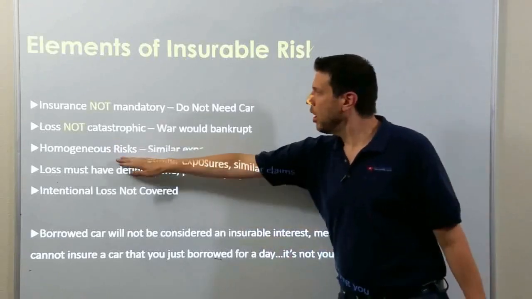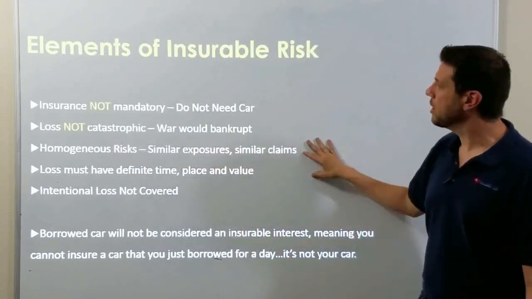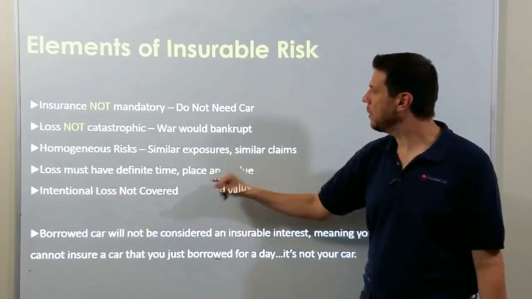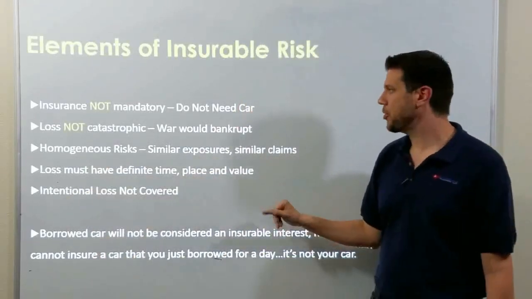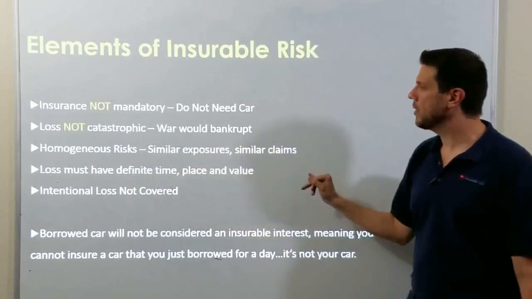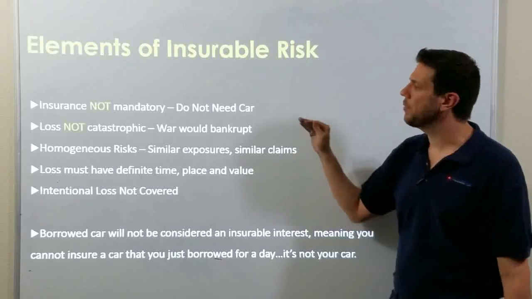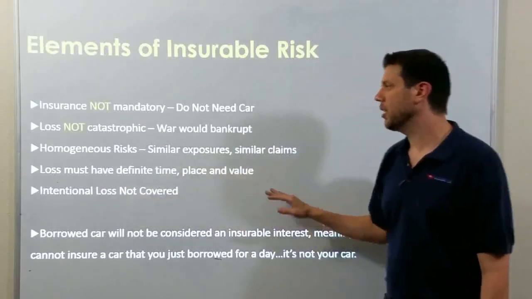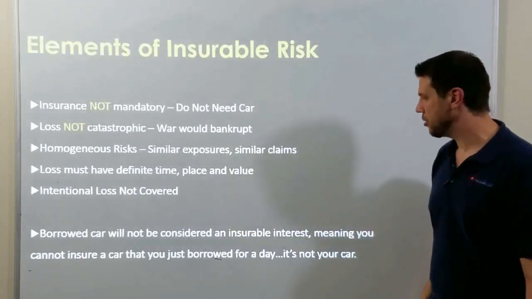Insurance companies use the law of large numbers to have homogeneous risks. Insurance claims must have a definite time, place, and value. You can't insure something for forever, you can't insure something for everywhere, and you can't insure it for infinite. There has to actually be a definite time, place, and value. And insurance companies will never cover intentional losses. We do not insure intentional losses.